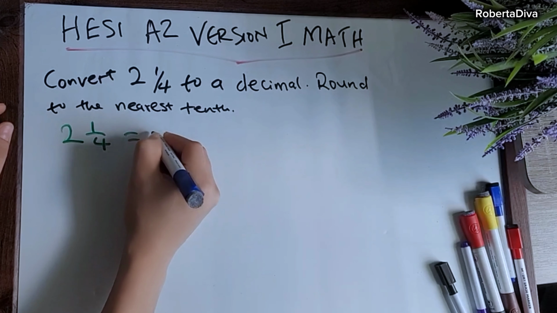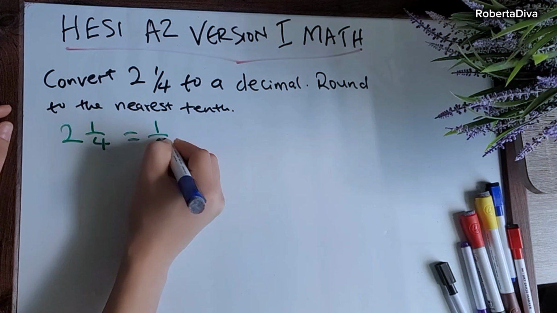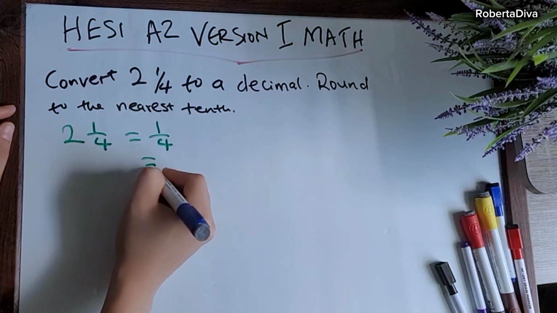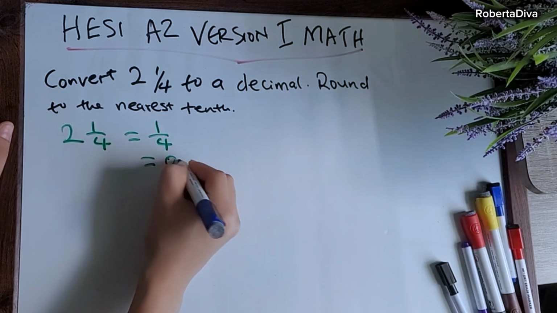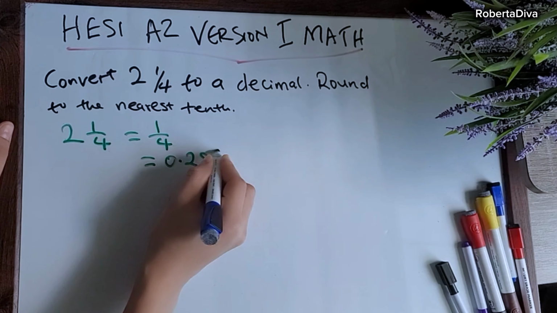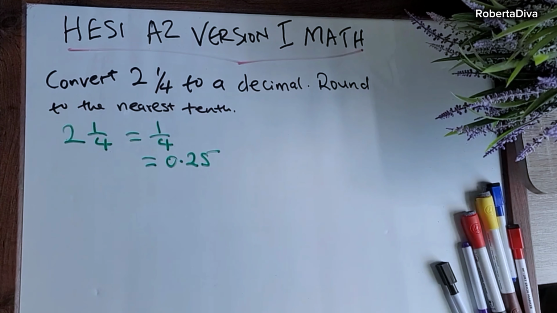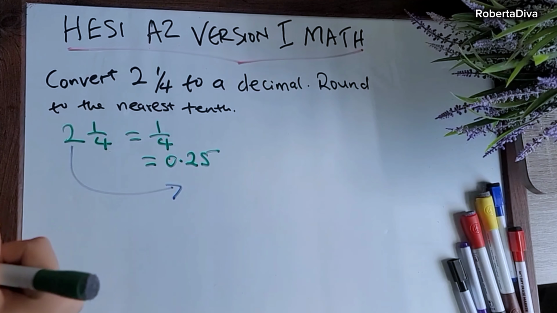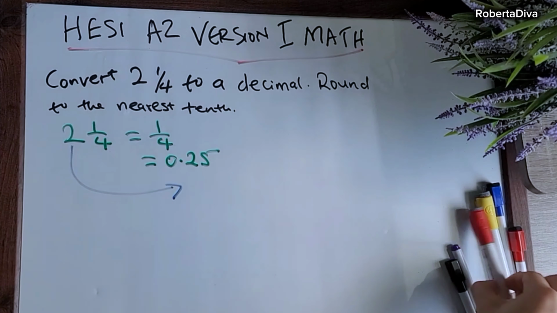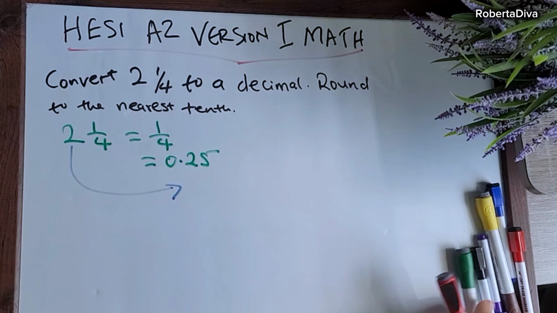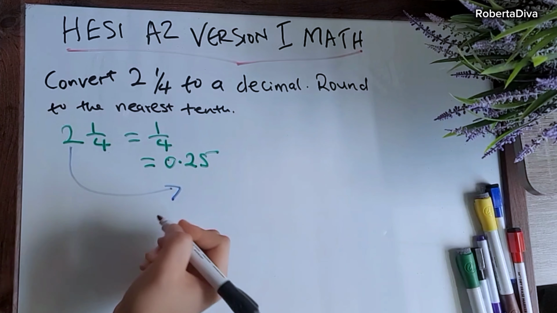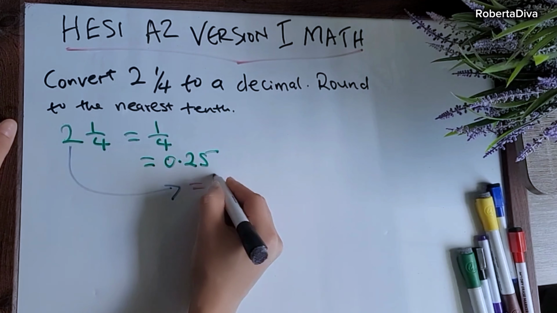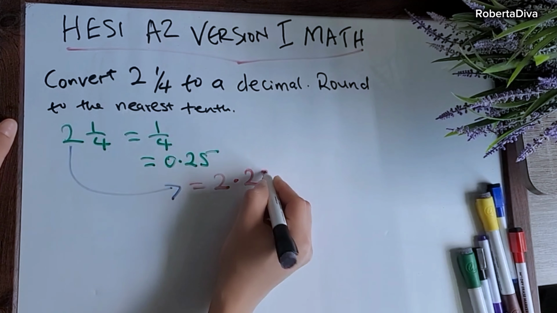The fraction here is 1 over 4, the 2 whole number 1 over 4. So let's divide the fraction first. 1 over 4 will give you 0.25. Now you just have to bring down the 2 to give you 2.25. If you like, use the calculator and solve it. It's still going to give you the same answer.